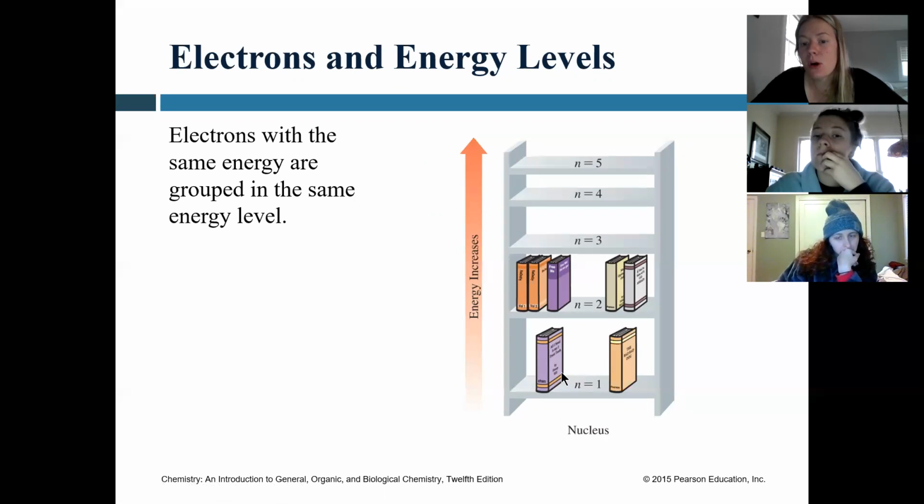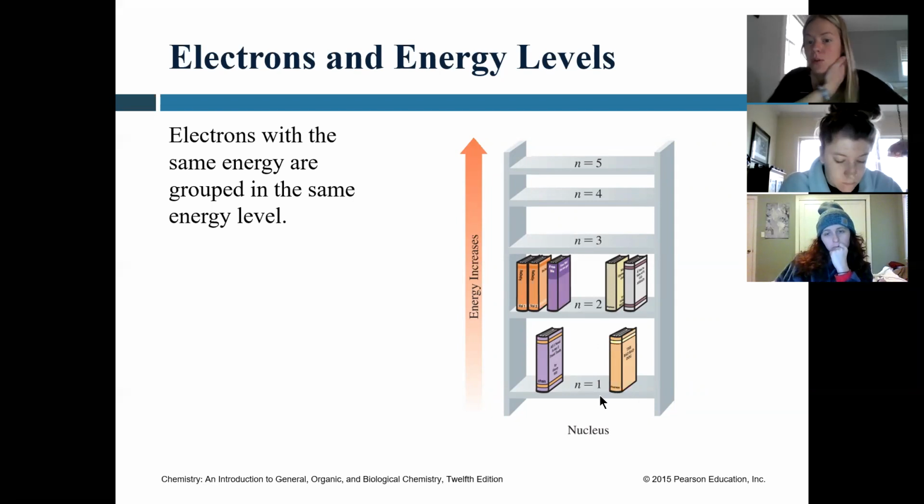If I want to get the book onto n equals 2, it can't sit somewhere between the shelves. It's either got to be on this first level, or I've got to pull it out and put it onto the second level, or the third level. That is what the quantized definition means. It can only exist on either this one or this one or this one. You can't be between levels or rungs.